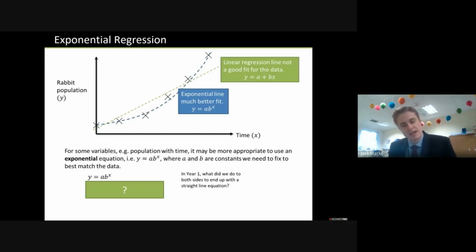Depending on the data you get, though, a straight line might not always be the best fit. Straight line was chapter 4 in the first year. That's when this was discussed. So if you had a population, what you might find is instead of a straight line like this, it might be much better to use an equation in this form. And that's not that surprising because what does this part do? Well, that gives you an exponential graph.